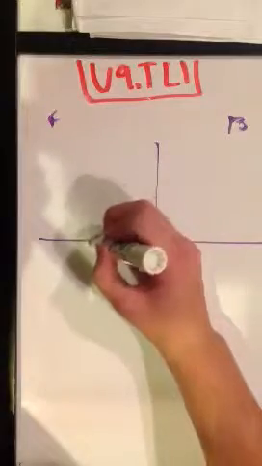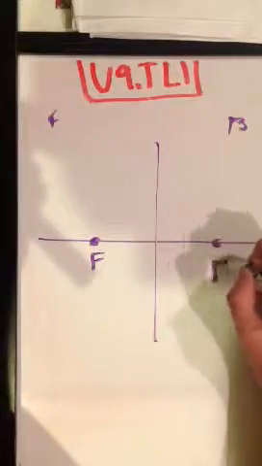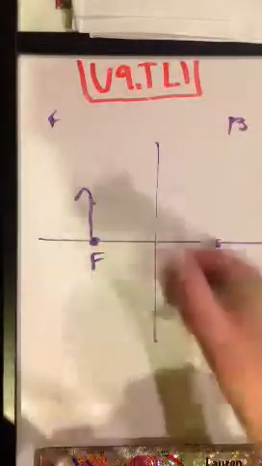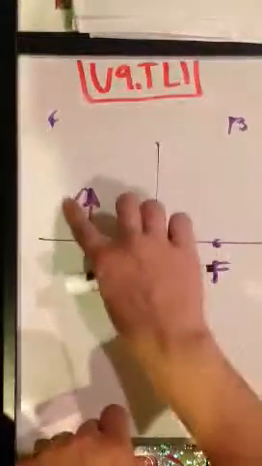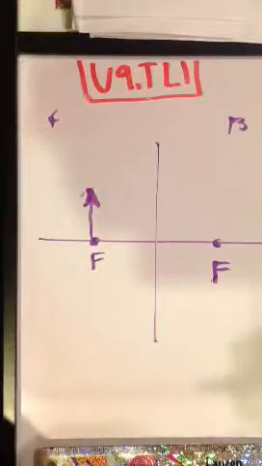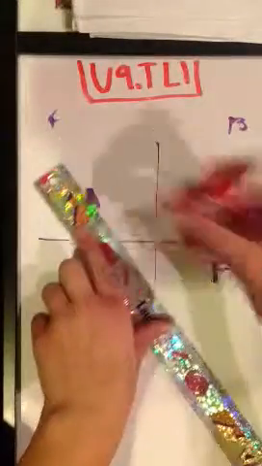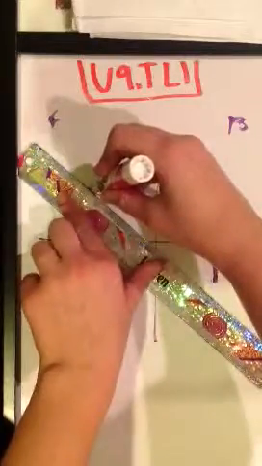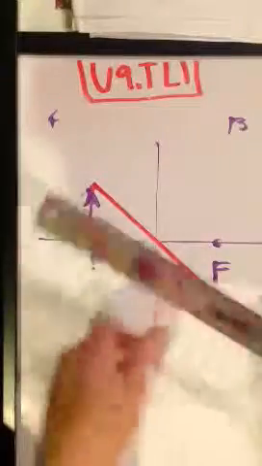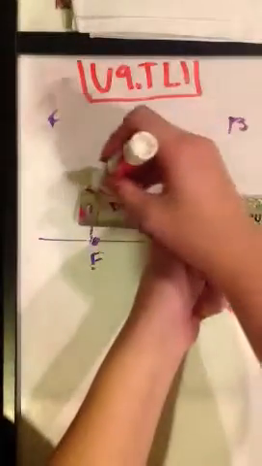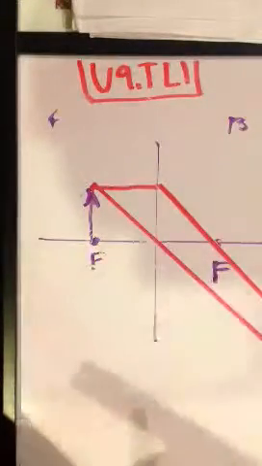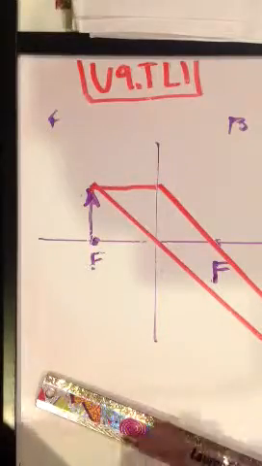When the object is at F, we have the central ray, and the focal ray. And the parallel ray. It goes this way. Since none of the lines cross, the image is at infinity.